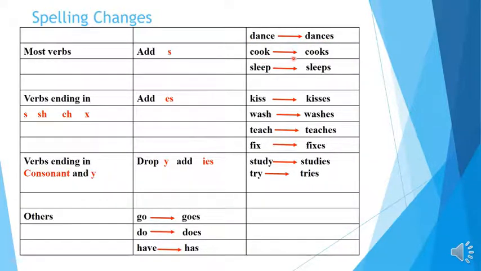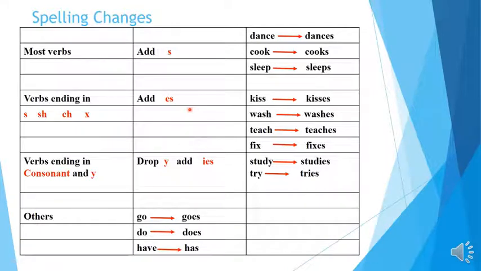Cook, cooks. Sleep, sleeps. So these are the singular forms of the verb. I hope you remember when you are using he, she, it, you use the singular form of the verb. To make it singular, for most of the verbs we add s. Dance, dances. Cook, cooks. Sleep, sleeps.